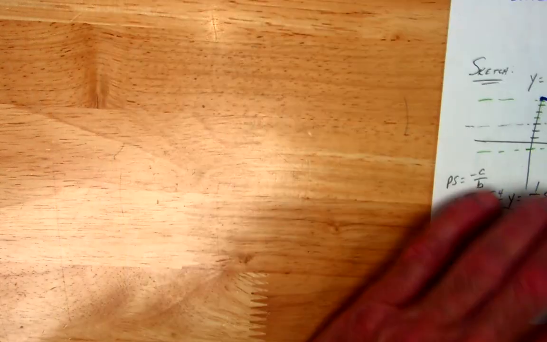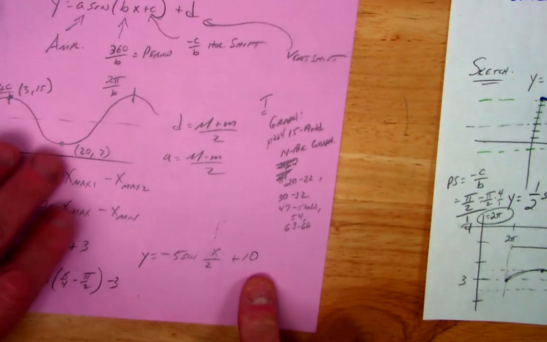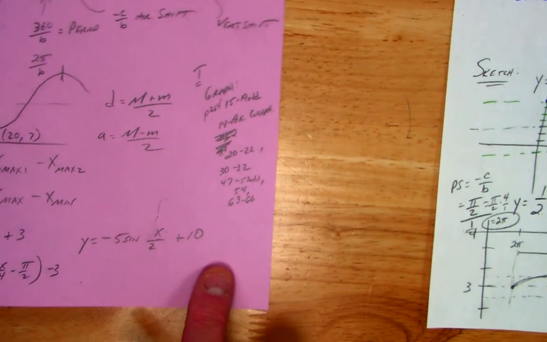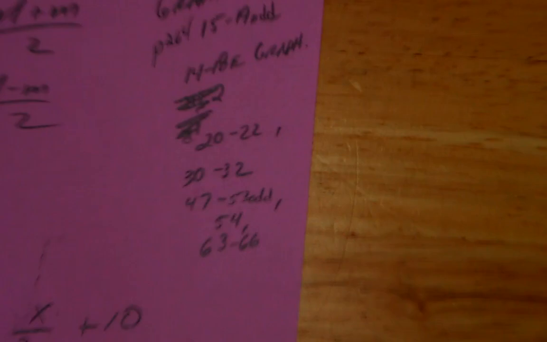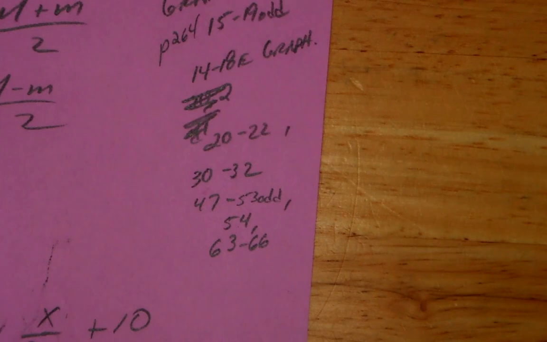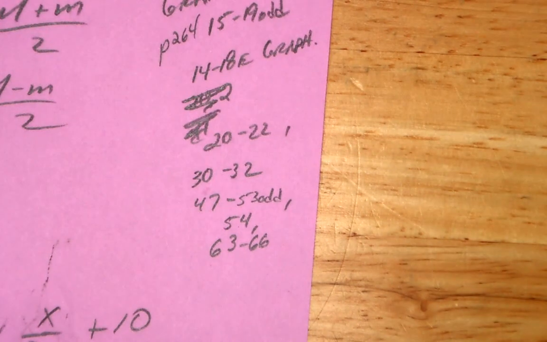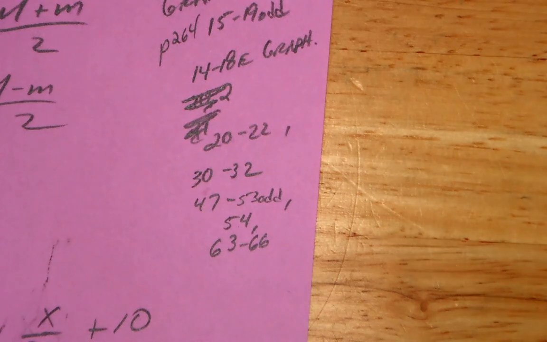Okay. So this is due Friday. I'm not going to take the time to write this out again. And I will try and get it to where you can see it. I'm trying to get out of the way of the light. So 15 through 19. I'm going to change this just a little bit.